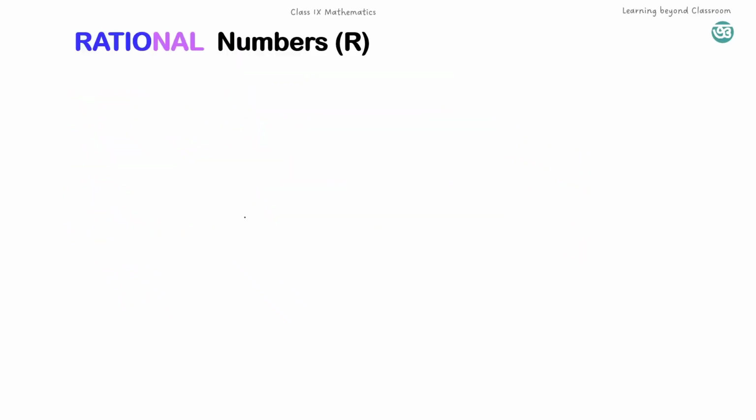Let us define rational numbers. We can understand rational numbers from the word rational itself. The word is RATIONAL, ratio-nal. Rational numbers are somehow related to the ratio.